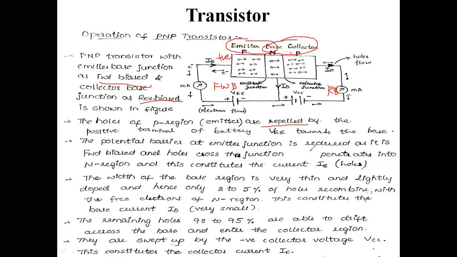The potential barrier at the emitter junction is reduced. At the emitter junction, some junction is going to be created; let us assume some junction is created here. The potential barrier at the emitter junction is reduced, so only a very thin barrier remains due to forward bias.